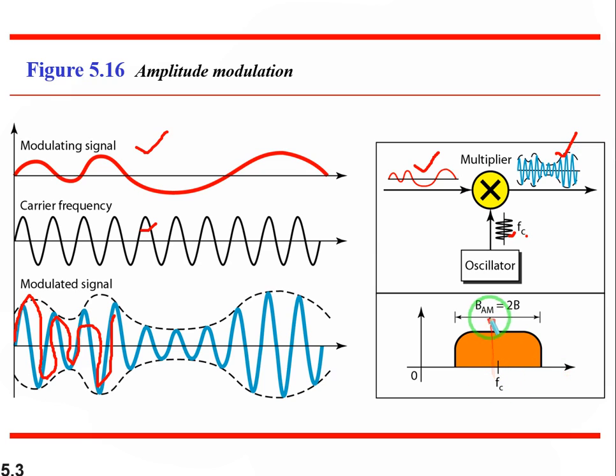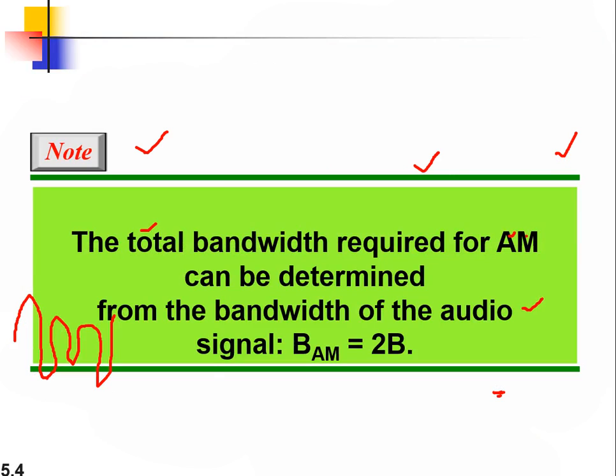The formula for the bandwidth of amplitude modulation is 2B. Again, the same concept: you have a carrier, a central frequency in the middle, and so on. The total bandwidth required for amplitude modulation can be determined from the bandwidth of the audio signal, and the bandwidth of amplitude modulation is 2B.